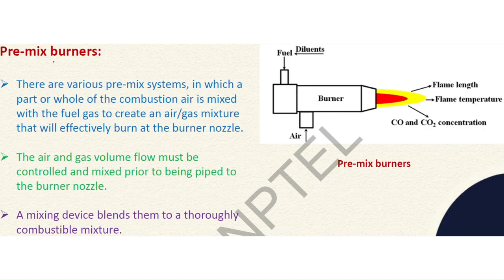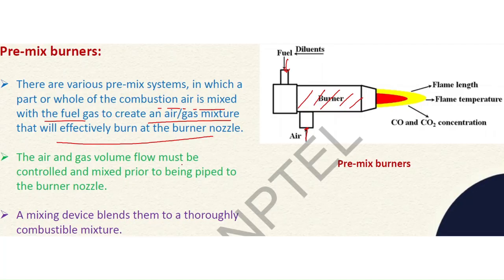Coming on to one of the types, which is the premix burner. Here, the fuel is entered here and air is entered here, and this is basically the combustion chamber. There are various premix systems in which part or whole of the combustion air is mixed with the fuel gas to create an air-gas mixture that will effectively burn at the burner nozzle.